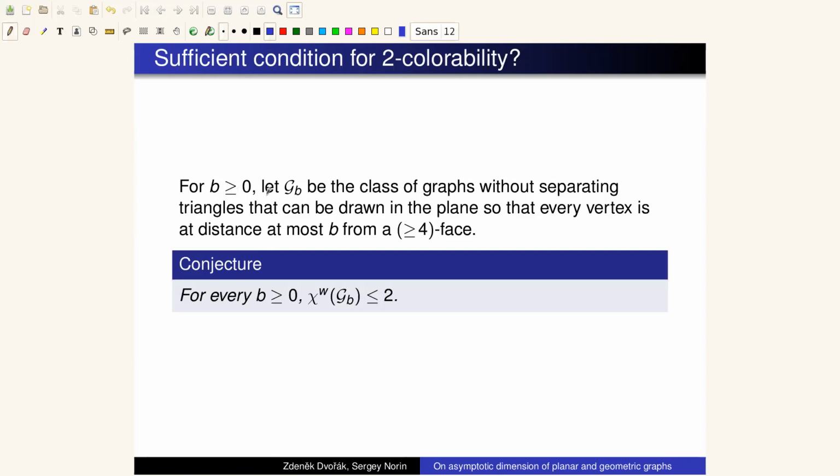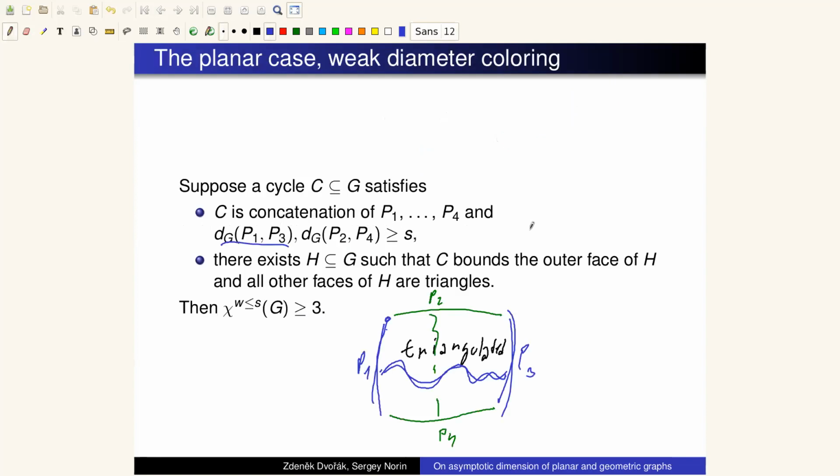Let G of b be the class of graphs that can be drawn in the plane such that every vertex is at distance at most b from some long face, a face which is not a triangle. This is something which doesn't happen in this graph here.